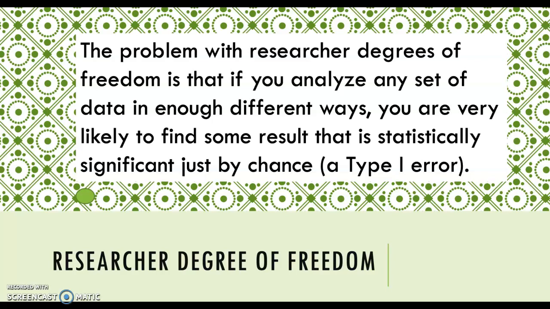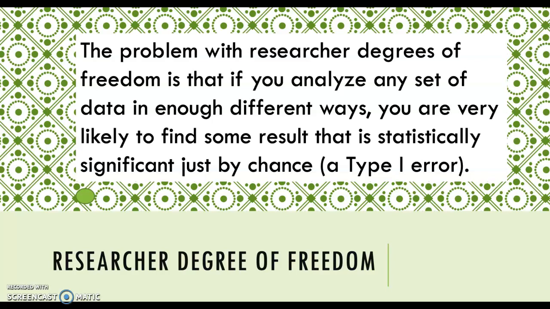of freedom in a relatively simple study can increase their chance of finding a statistically significant result to more than 60%. This is when there are no statistical relationships among the variables studied in the population.